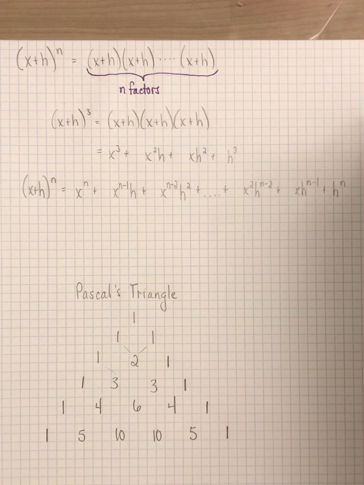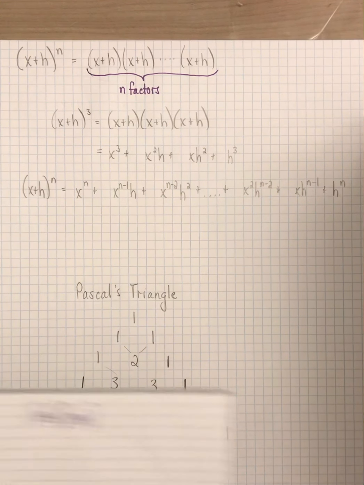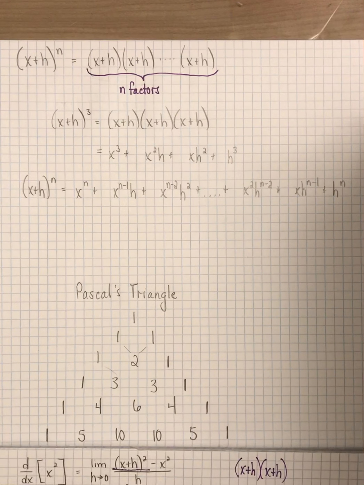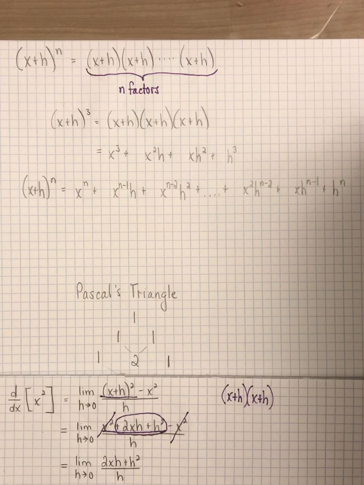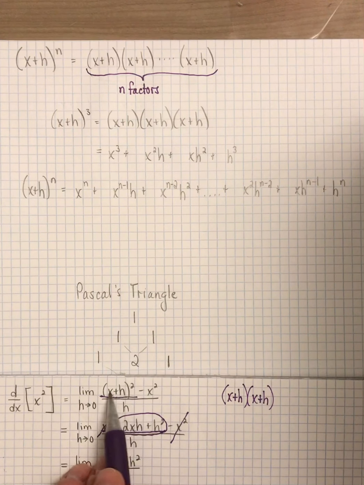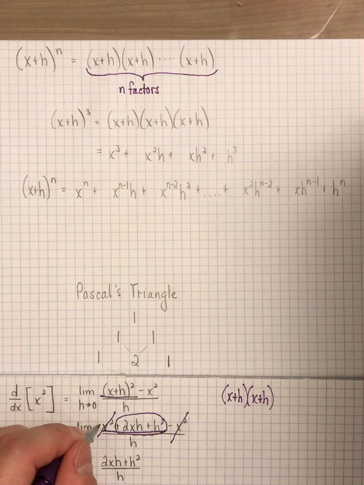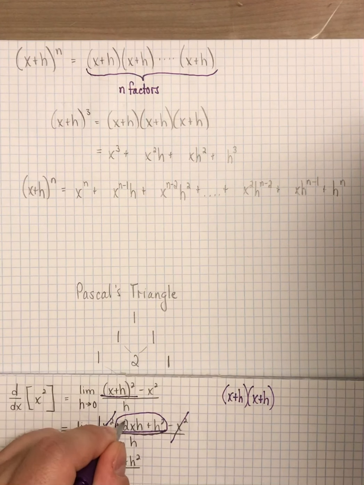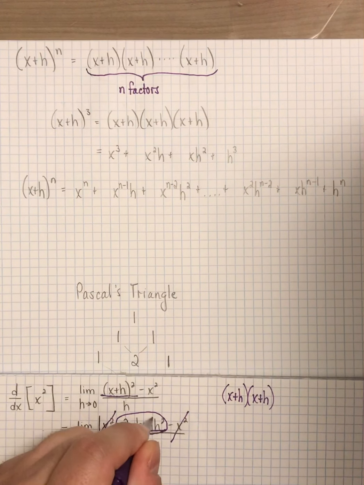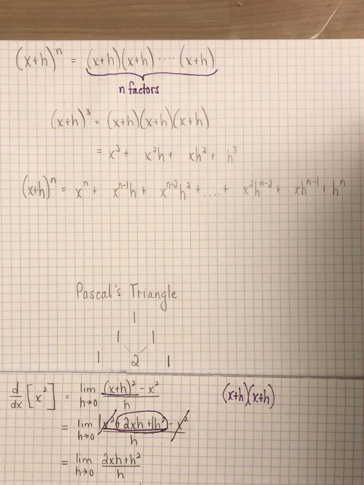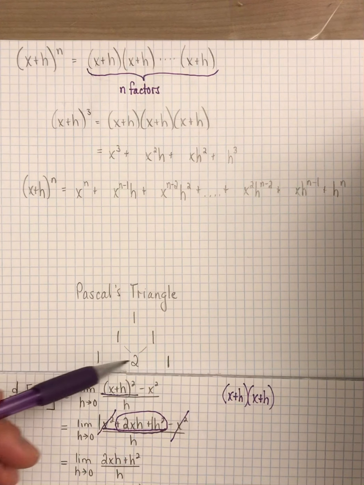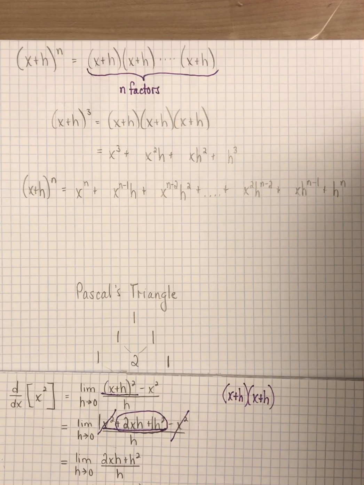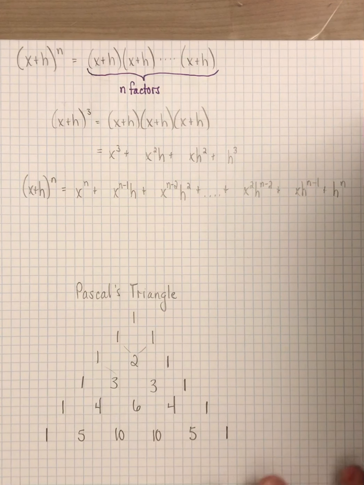Now, some of these might actually seem familiar if you go back and look at it. This is the expansion of x plus h squared. And note that the coefficients here are 1, 2, and 1, the same as the values in this row of Pascal's triangle.